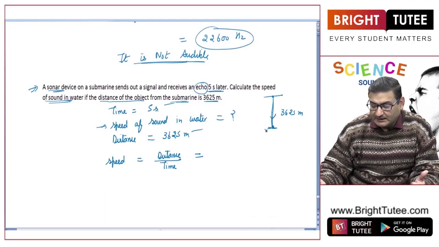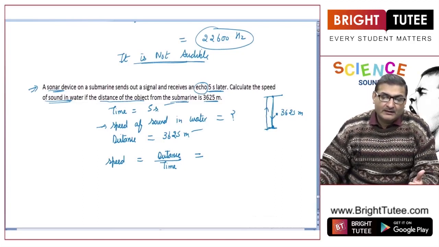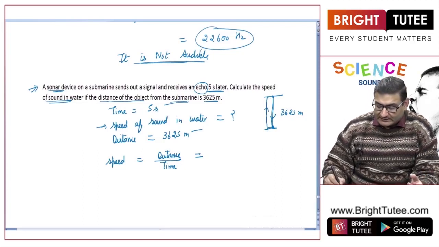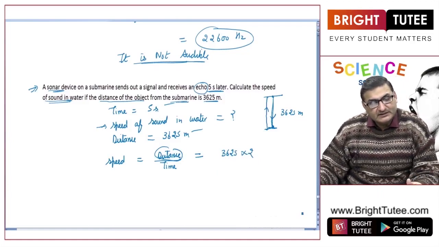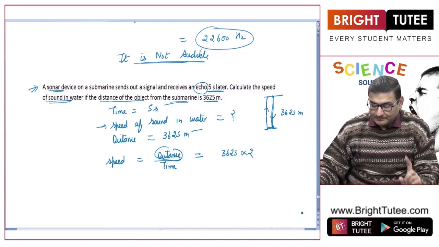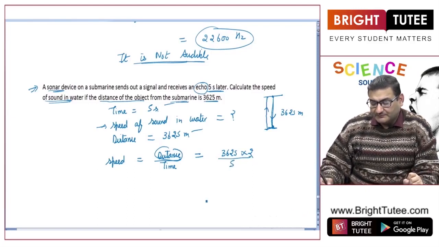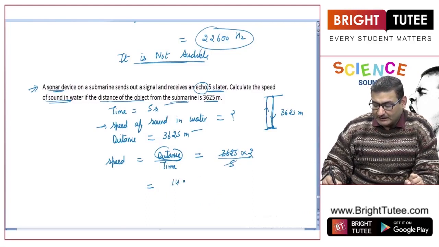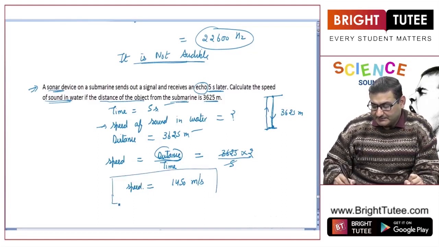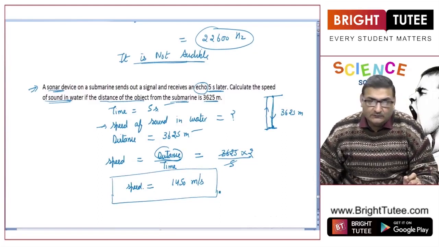After striking, if reflected, it has to come back covering the same path. So the distance will be doubled. So if it is 3625 one side, we will take double of it. Have you understood? Good. And the time given is 5 seconds. Simply I will just multiply and cancel out. The value after calculation will be 1450 meter per second. So this will be the speed of sound in water.